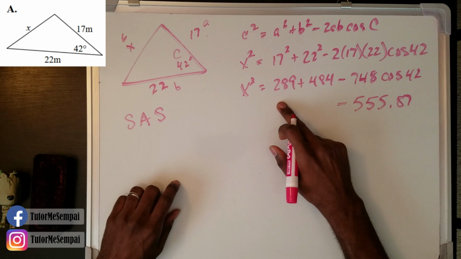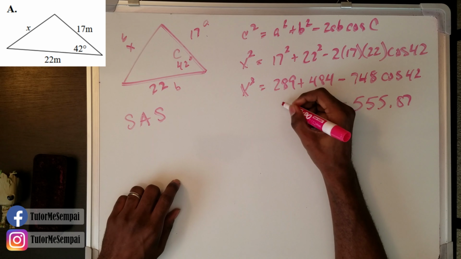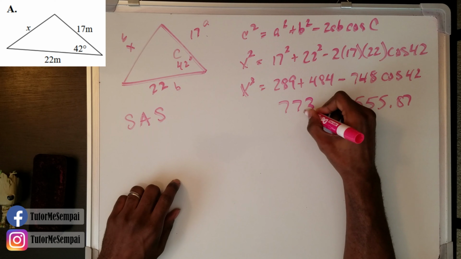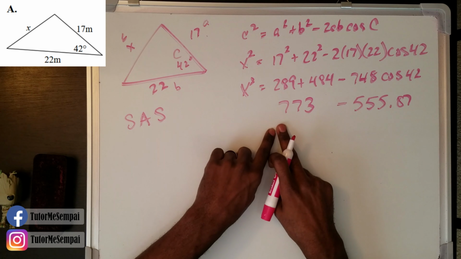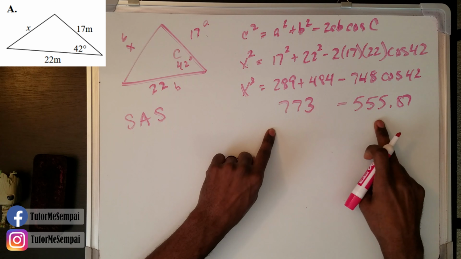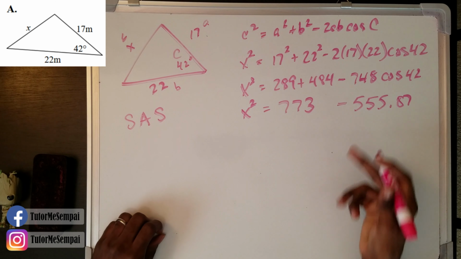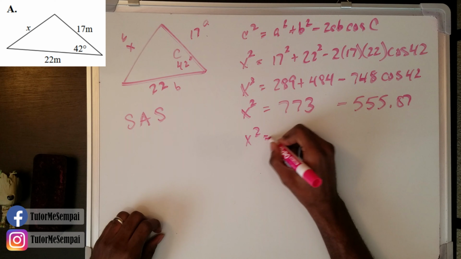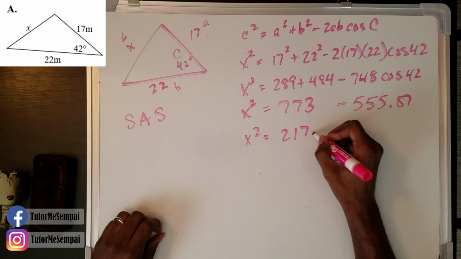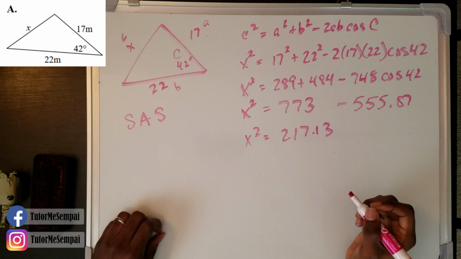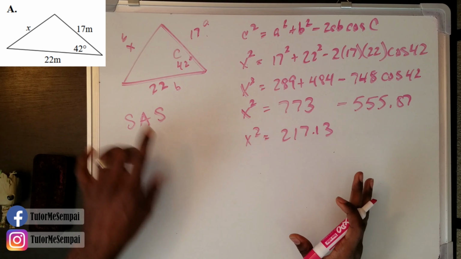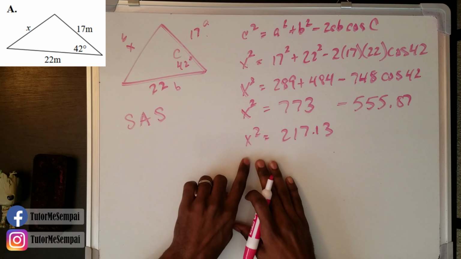And when you add 289 to 484, you're going to get 773. So you have 773 minus 555.87, and that's going to equal your x squared. So when we combine these two, you have x squared equals 217.13.